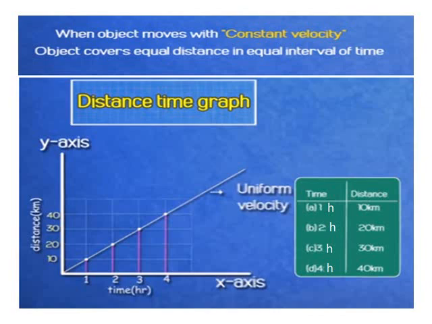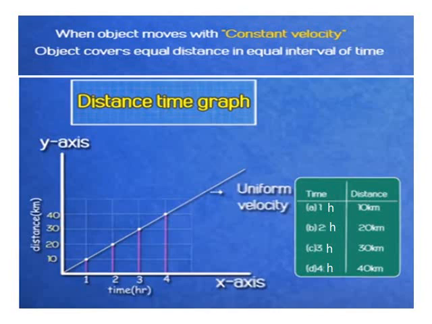So here you can see the time is at a regular interval of 1 hour between the first and the second. And similarly, when you examine the distance covered by the body, it is also with 10 kilometers. So you can take the first two readings here. For the first hour, it covers 10 kilometers. For the second hour, it covers 20 kilometers.